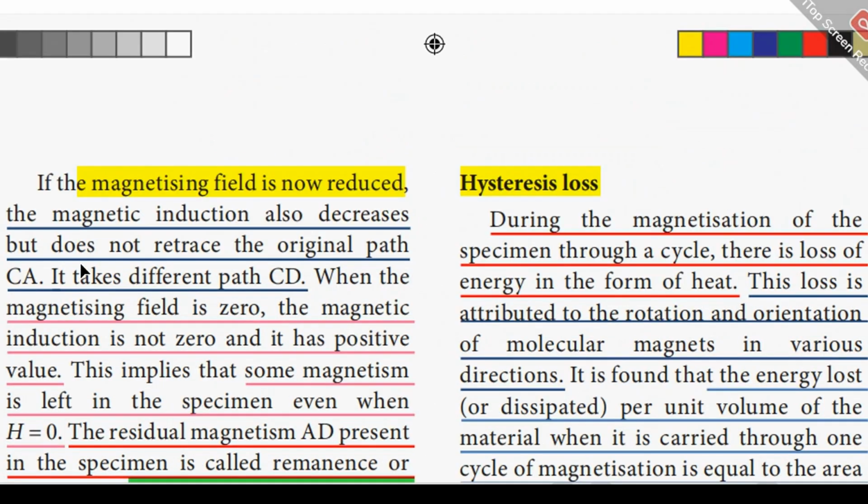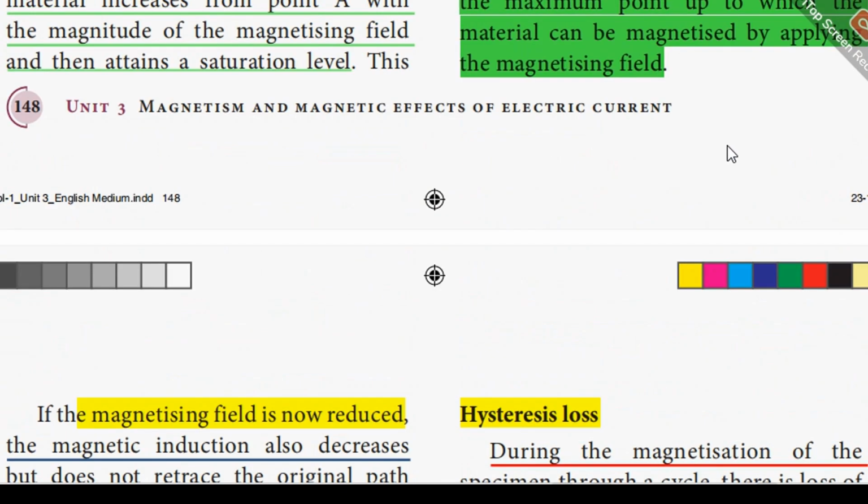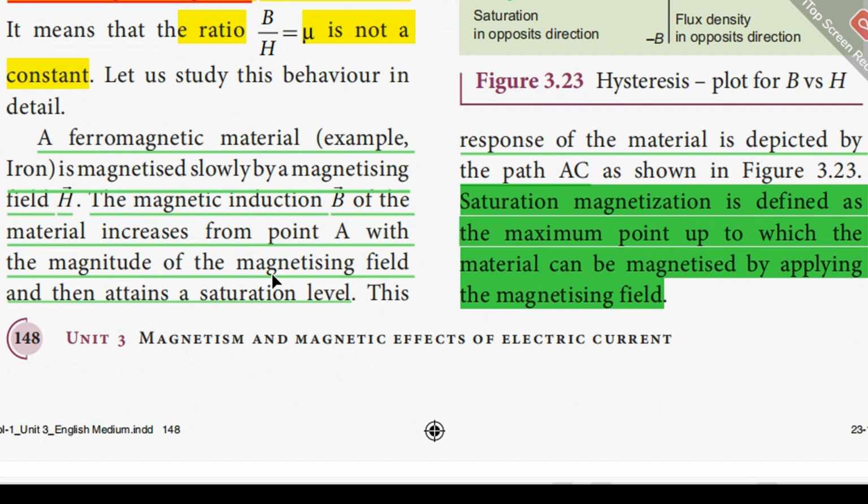Then if the magnetizing field is now reduced, the magnetic induction also decreases but does not retrace the original path CA. It takes a different path CD, like this. So this is how it travels.